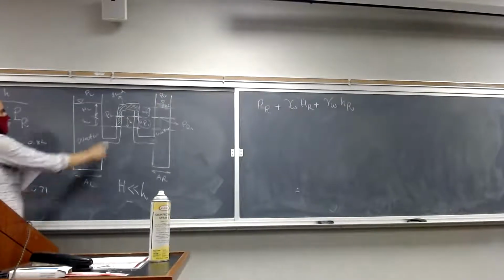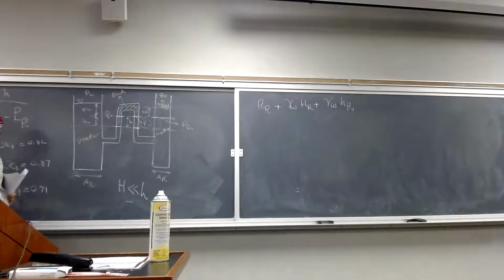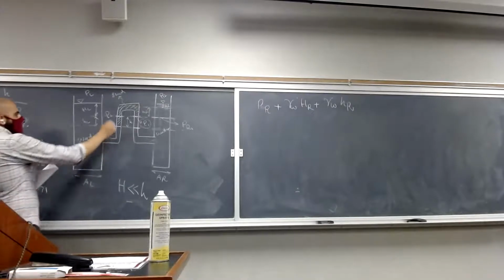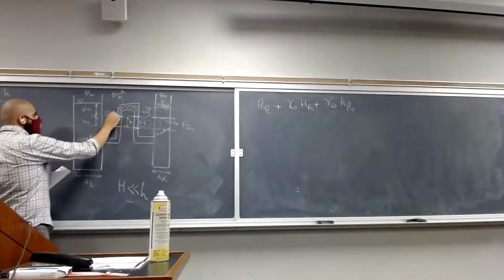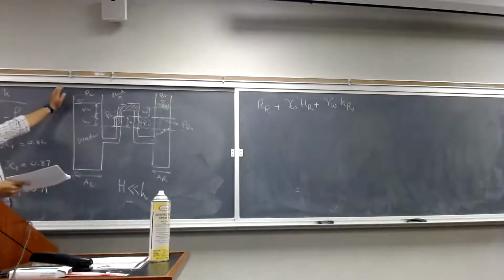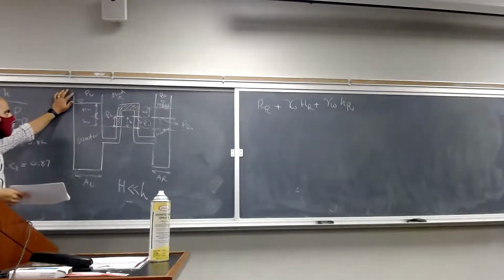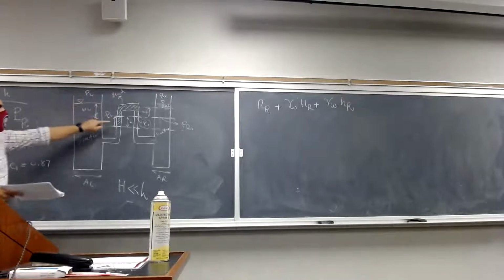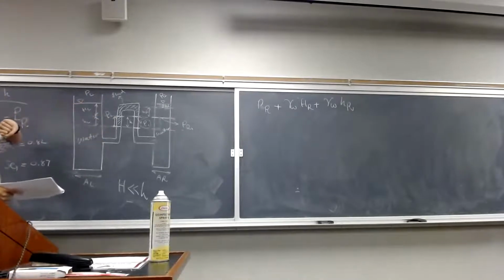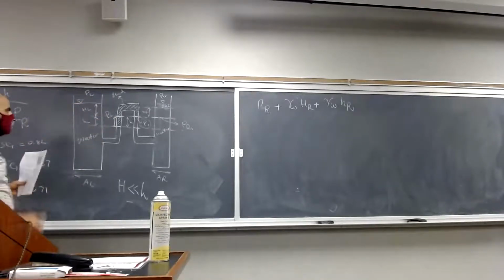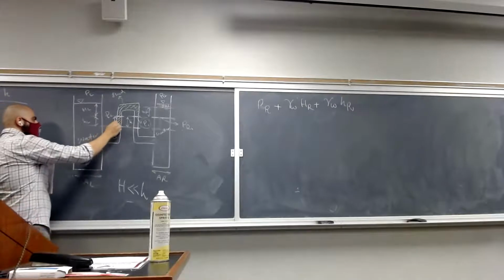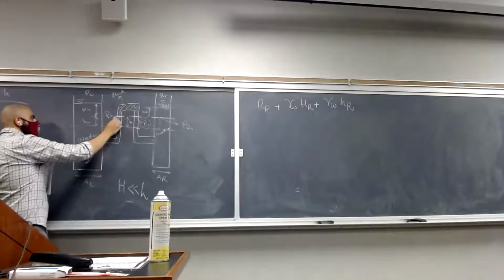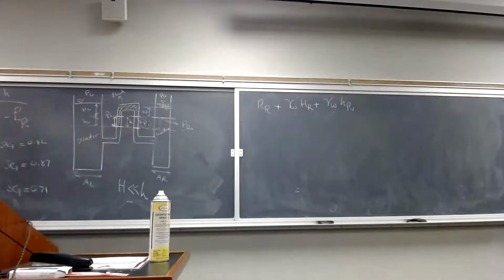Okay, so we have the pressure at this level. But we want to find an equation that will calculate PL for us. So we have to move to this other column. The surface of the water on this tube is here. So this height is going to be important for us.